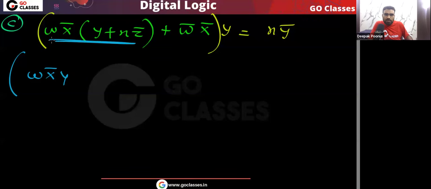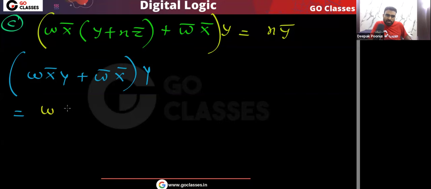So ultimately you are going to get W x bar Y or W bar x bar, and already there is Y here. So now you can again multiply this Y inside. So what you will get? You will get W x bar Y or W bar x bar Y.